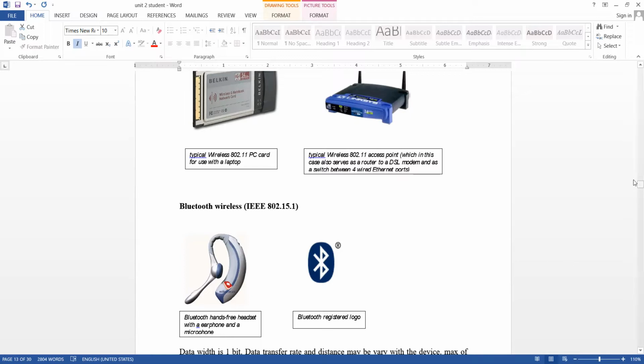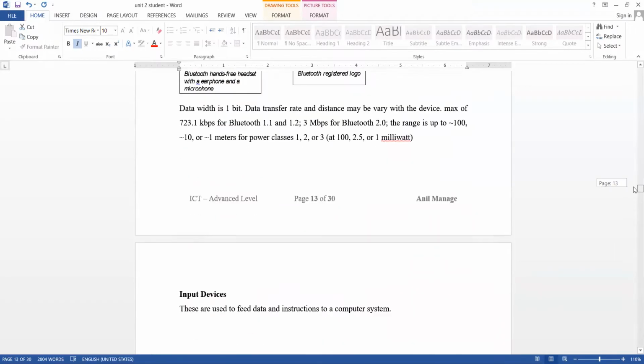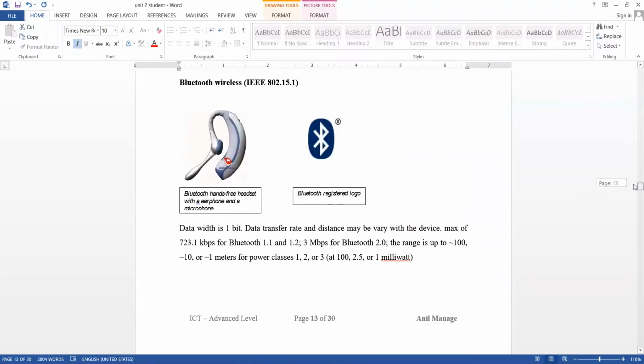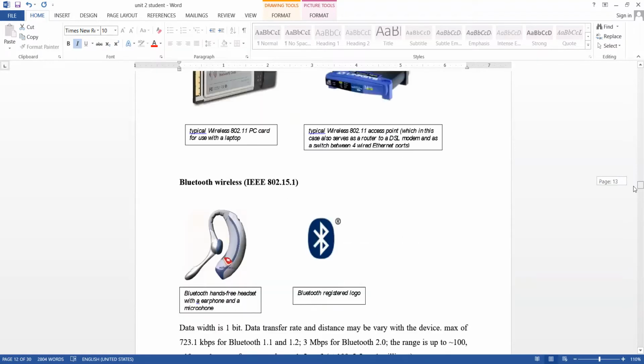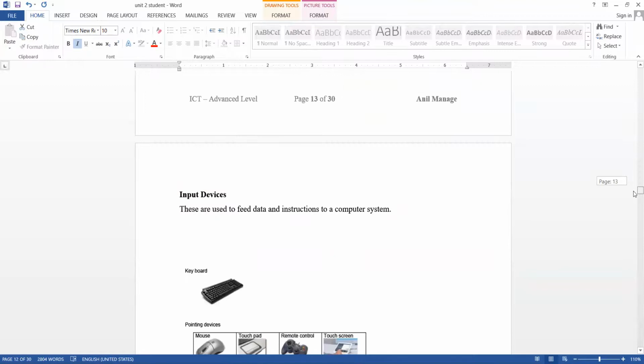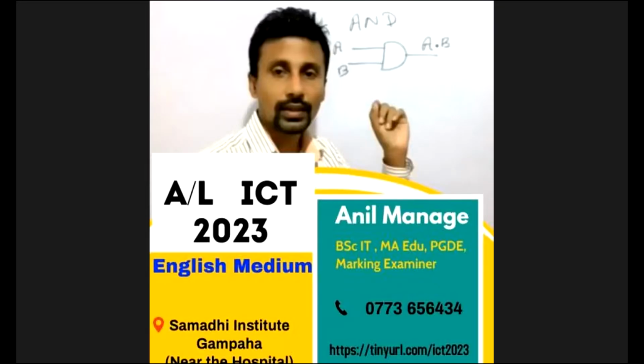Okay, we'll go down. So then after that, we have to discuss input devices, right? So I will explain with that.